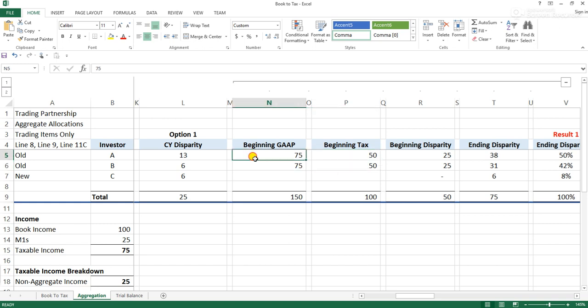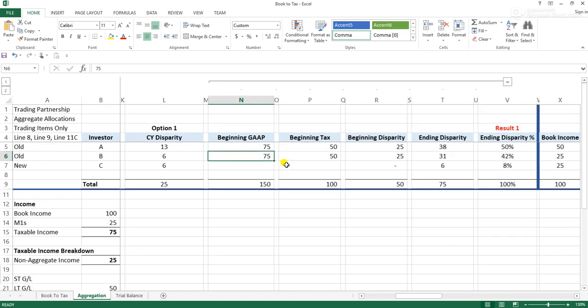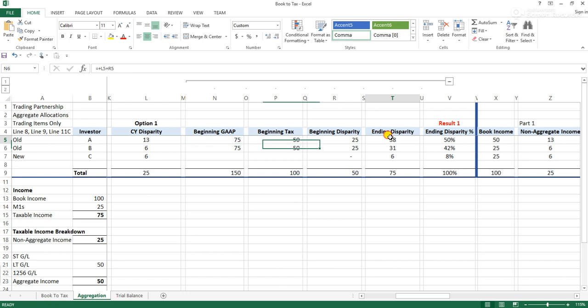This means that economically, this investor earned $75, but only got taxed on $50. So that means he needs to get taxed an additional $25 in order for book and tax to equal each other. So in a situation like this, the book tax difference with all investors are all in line, meaning that they're all positive.